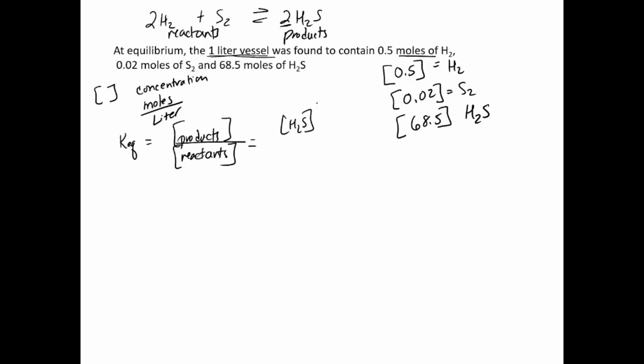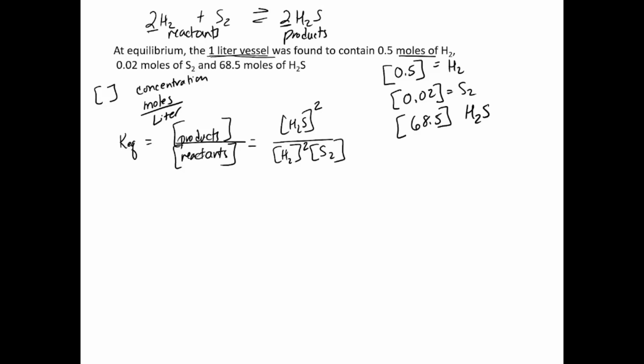Okay, so we need to put that superscript up there. So we're going to take the concentration of H2S and we're going to square it. That's our products. On the bottom of my equation, we should have our reactants, which are hydrogen gas and sulfur gas. Okay, but again, my hydrogen gas has a coefficient of 2. So once again, I need to put a superscript there.